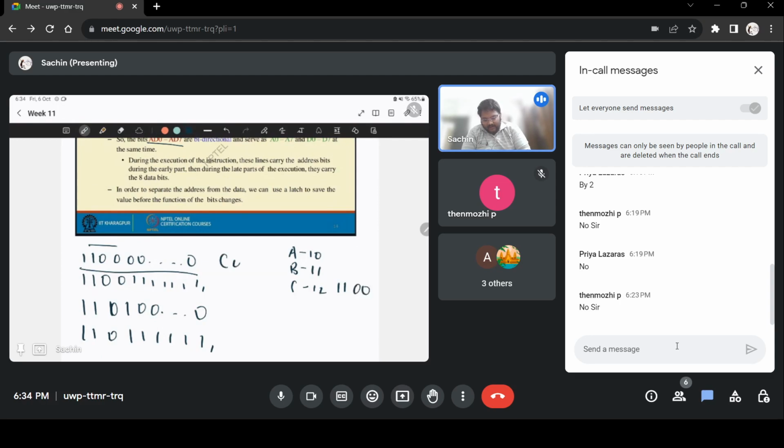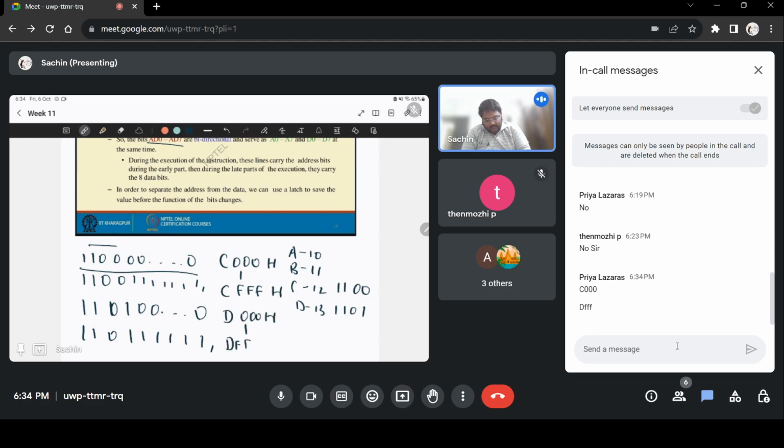So this is C000 in hexadecimal up to CFFF, and this 1101 is D. D is 13. 1101. So this is D000H to DFFF.